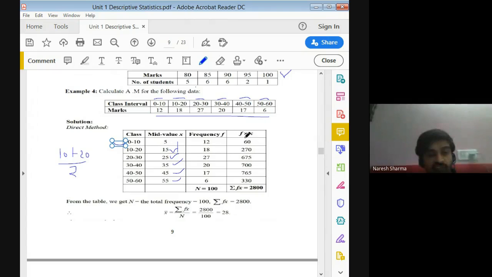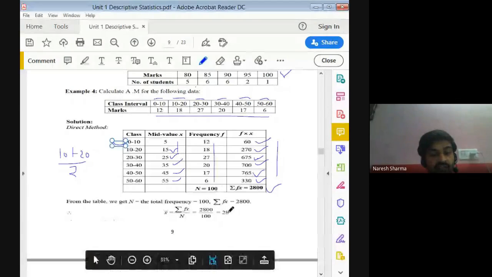Corresponding frequency is given to us. Now multiply this f with x, that gives you 60, 270, 675, 700, 765, 330. If you add all these, that is 2800 divided by 100. So that gives you 28 only, which is the arithmetic mean of this.